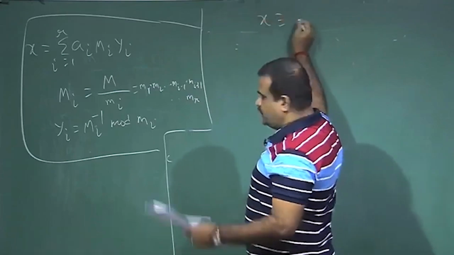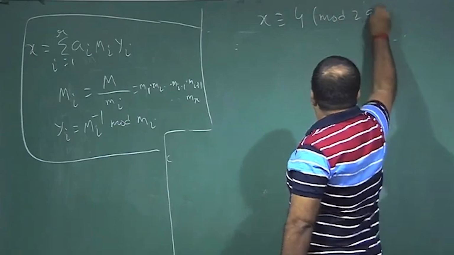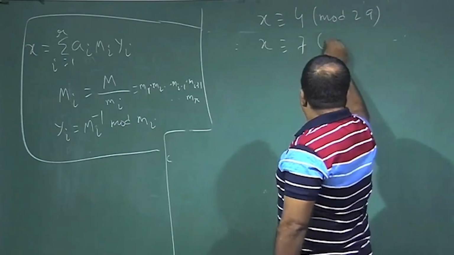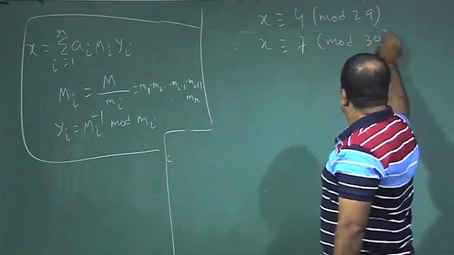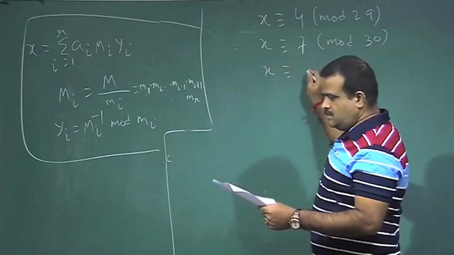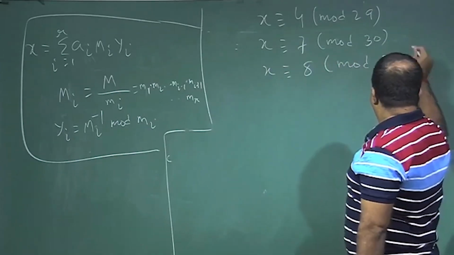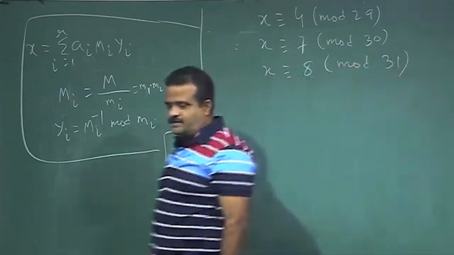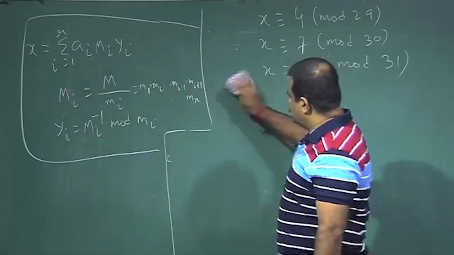Suppose x is congruent to 4 mod 29, x is congruent to 7 mod 30, x is congruent to 8 mod 31. So this is 3 equations, r is equal to 3 here. Now the question is how we can solve these equations.